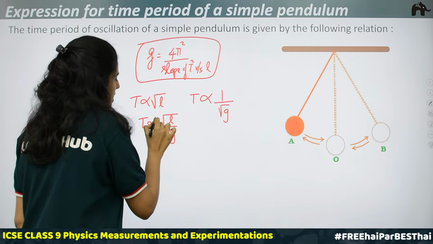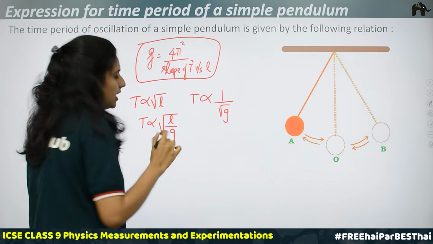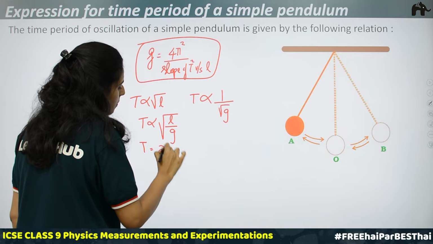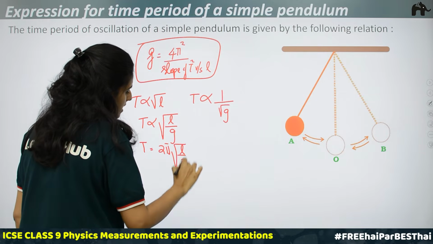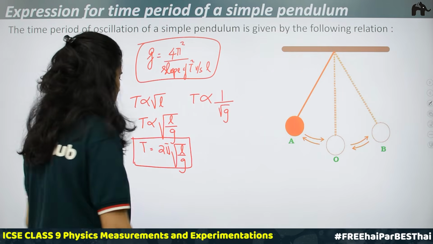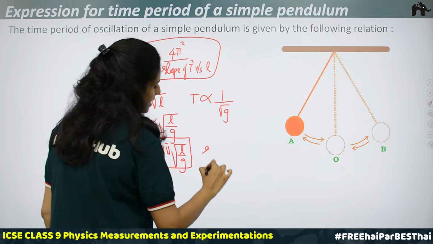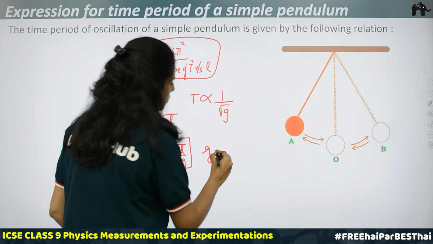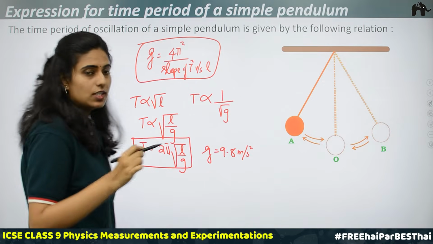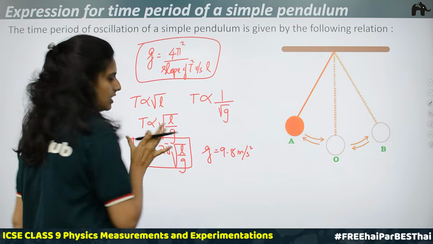So, T is directly proportional to root of L by g. To remove this proportionality, I am going to insert a constant. So, T is equal to 2 pi root of L by g. So, this is the relation, where pi is a constant, 2 is a constant. At a given place, g value is equal to 9.8 meter per second square. So, depending on length, when length changes, time period changes by this relation.